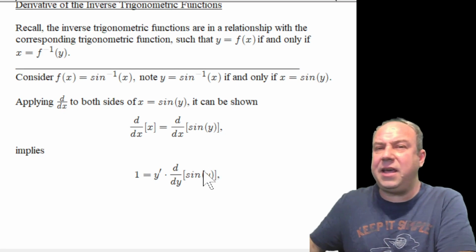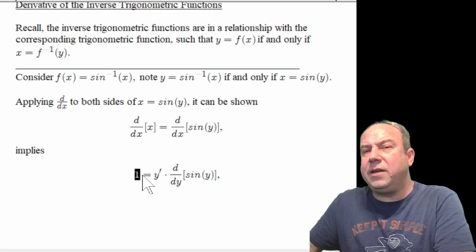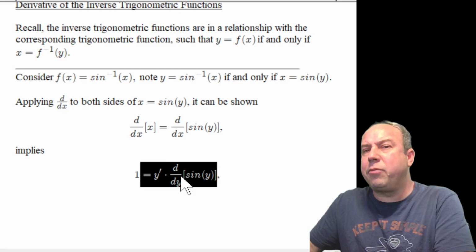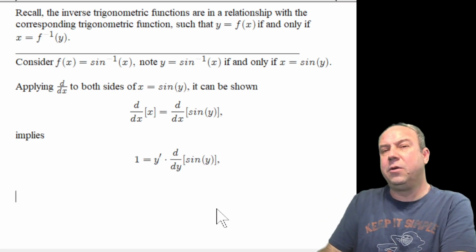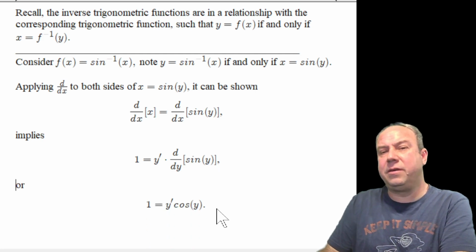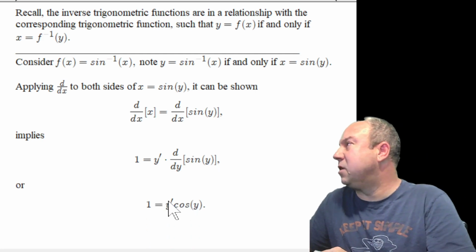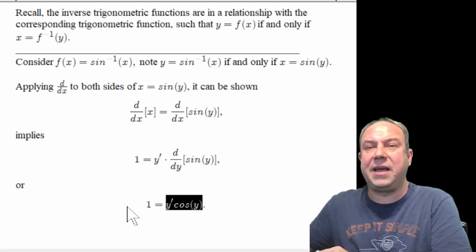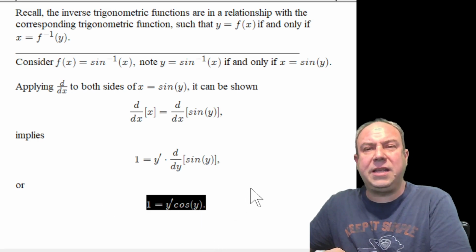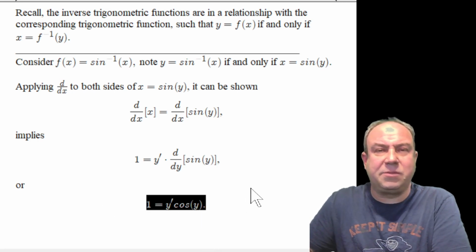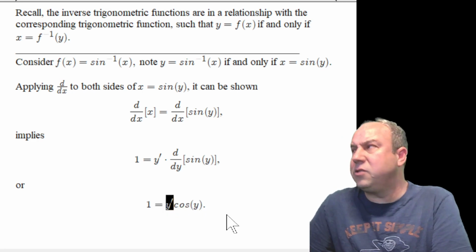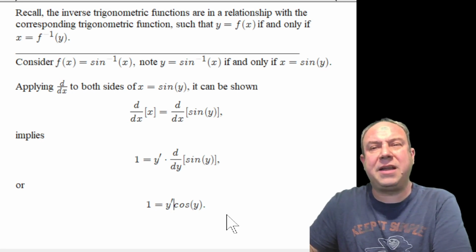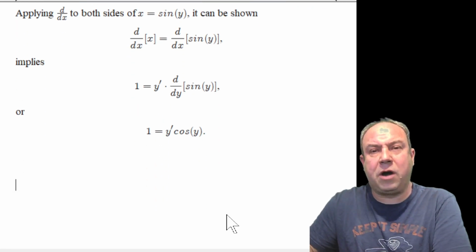And we're able to say here that 1 on the left must be equal to y prime times the derivative with respect to y of the sine of y, which is where we end up with y prime times the cosine of y on the right-hand side, right? 1 equals y prime times the cosine of y, where if you recall in our implicit methods, we're going to solve for this y prime by dividing both sides by the cosine of y.